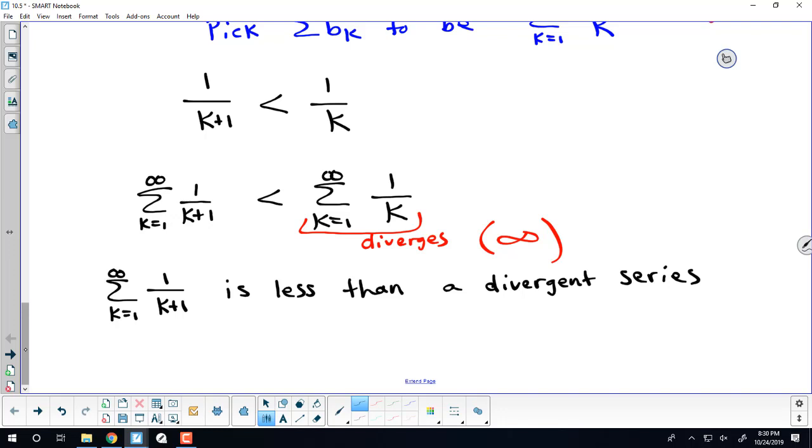What else wouldn't tell us anything? Right, yeah. If something is greater than a convergent series, that doesn't necessarily mean it converges. It's basically saying it's greater than a finite number. Well, all of these things are greater than a finite number. This is saying that our series sums up to something that's less than infinity.